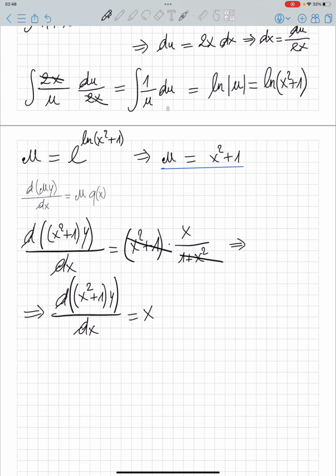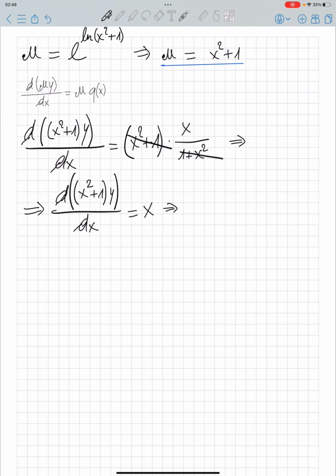Now we're gonna integrate both sides. If we integrate both sides, so we have integration of d of (x squared plus 1) y over dx, we integrate with respect to x, is equal to integration of x with respect to x, right? Now we have derivative here and integration here, they cancel out, right?